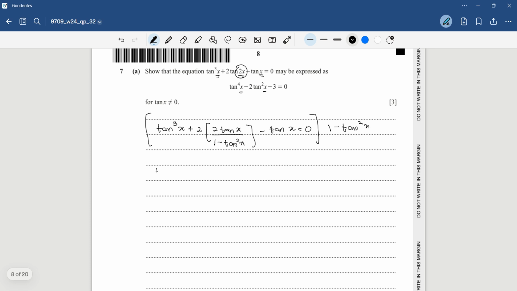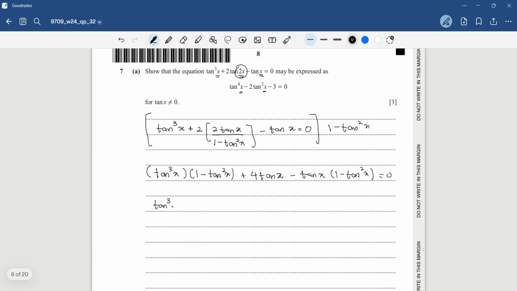So it's going to be tangent cube x multiplied with 1 minus tangent square x plus 4 tangent x minus tangent x multiplied with 1 minus tangent square x equal to 0.